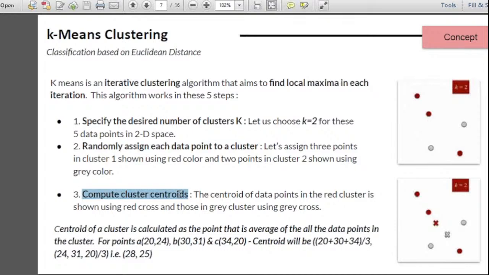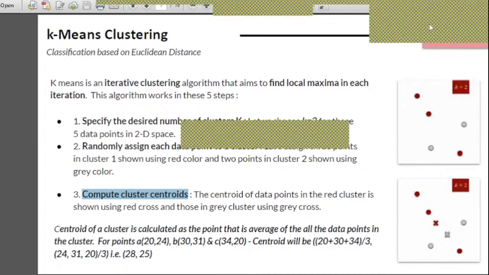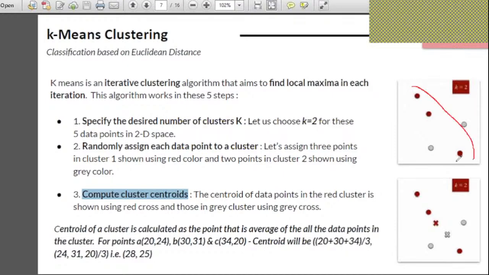Cluster centroid means the average data point, the average of all the data points in the cluster. So that is called the centroid. Centroid of the data points in the red cluster is shown using a red cross, and those in the gray using a gray cross. But how did I arrive at it?